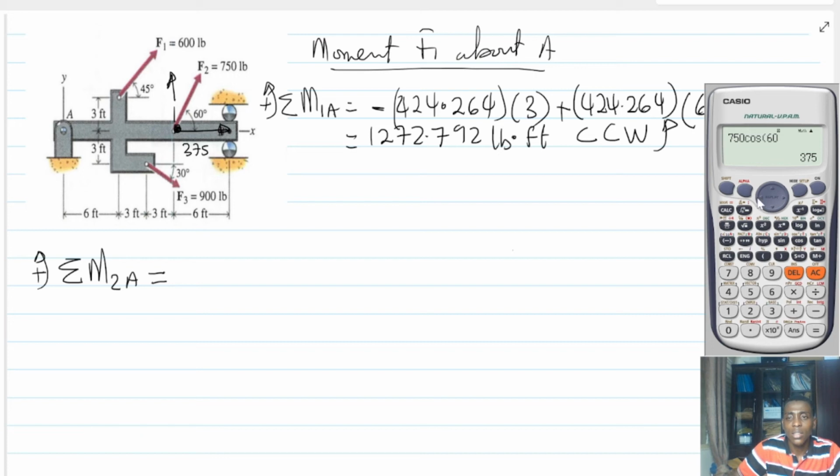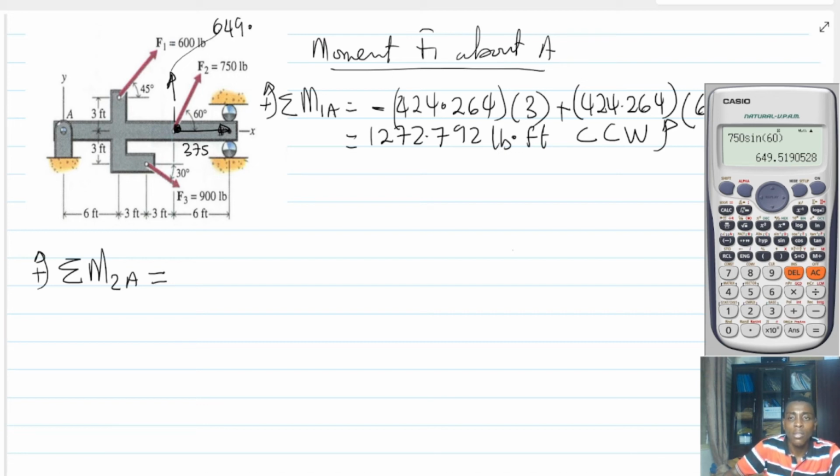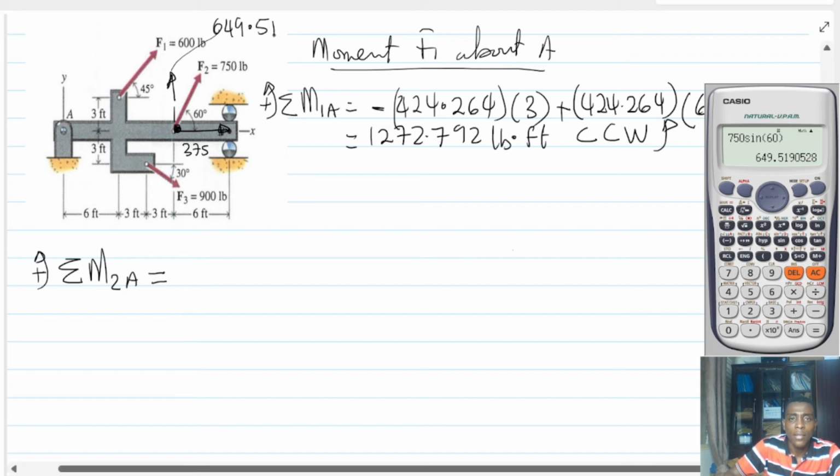What is that? So I'm going to do 750 sine 60, and that is 649.519.